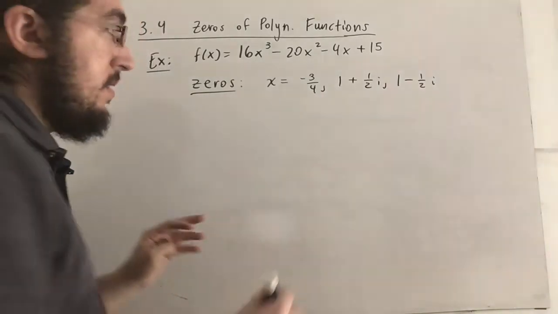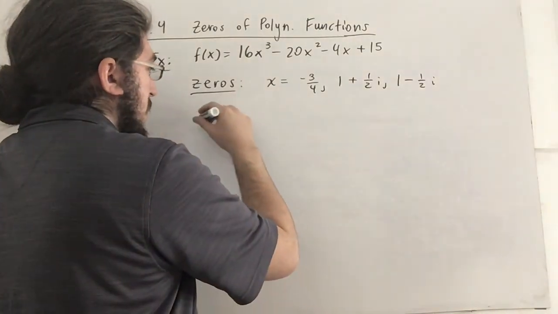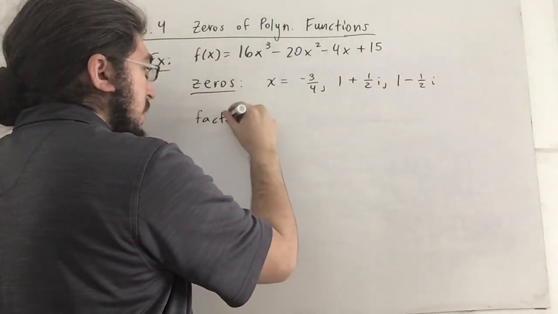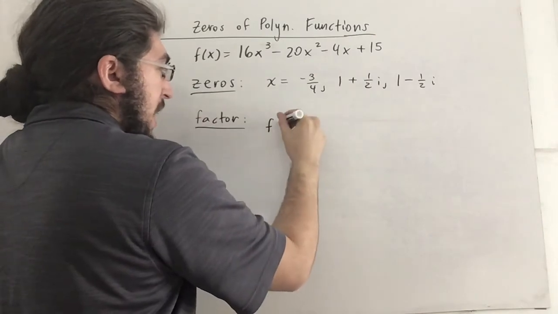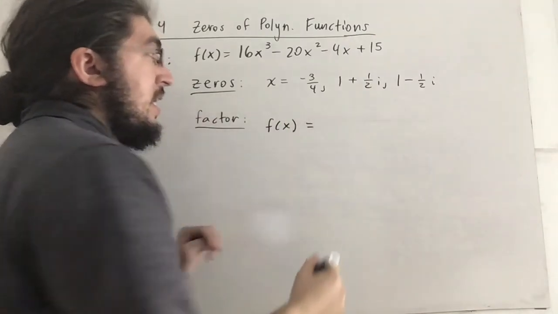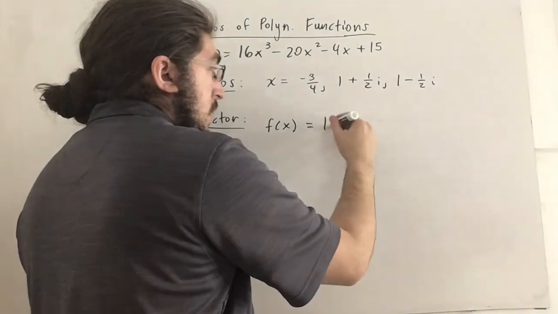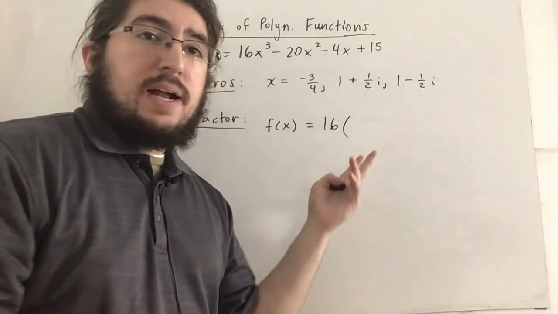And now finally, for the factorization part. So to factor this, here's what we're going to do. We're going to write f of x as the leading coefficient, which is 16, times x minus each zero.